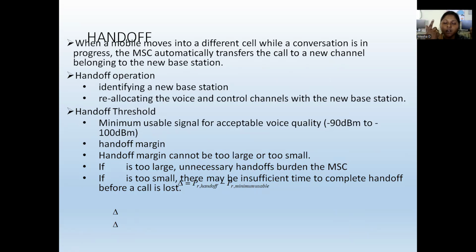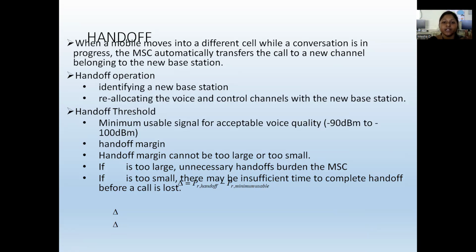The MSC monitors the signal issue, and it is automatically solved by connecting to the upcoming BTS. When it comes closer to the second BTS, the MSC will order the BTS to take over the signal from BTS 1 to BTS 2. So this is called handoff.